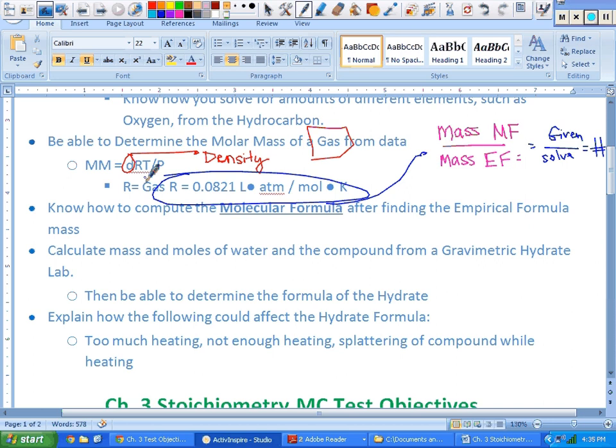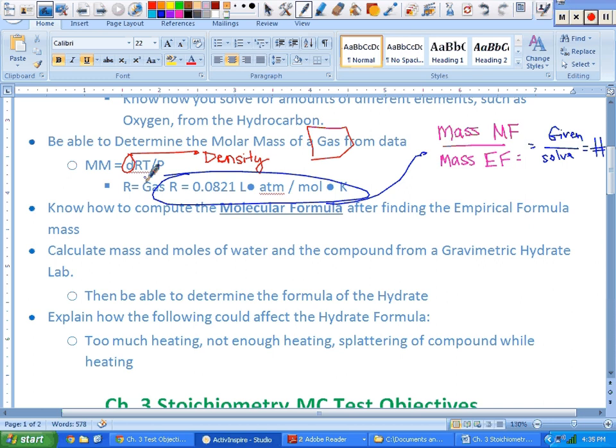Liters. What is the unit for temperature? Kelvin. The unit for pressure, atmospheres. The unit for R, L·atm over mol·K. All right, got it. Okay. All right. So, please, this is really important, guys. I've covered this in another part of the series.